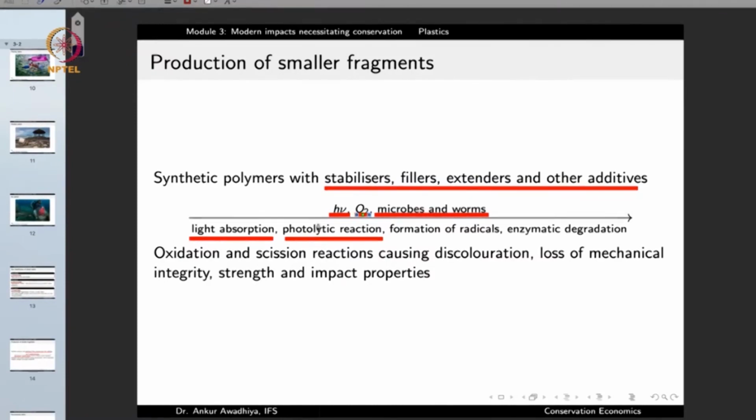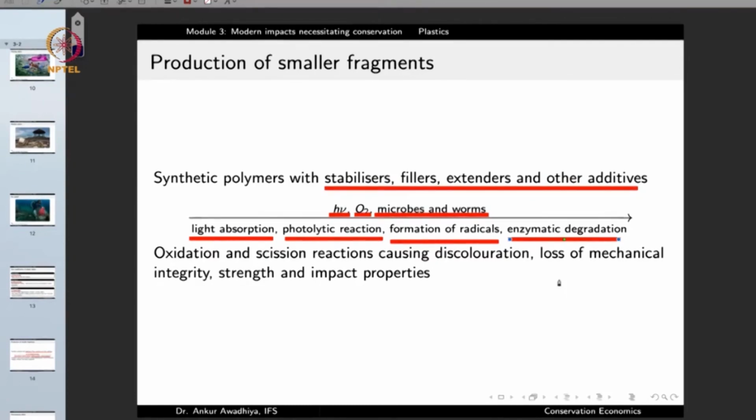Because of the presence of oxygen and because of the presence of UV light, you also have the formation of radicals. Now, radicals also accelerate the process of degradation of these plastics. Or you can have enzymatic degradation when the plastics are acted upon by biological entities such as microbes or worms.